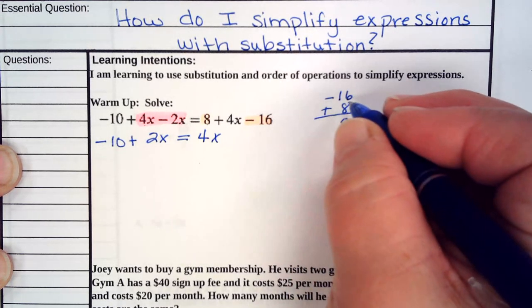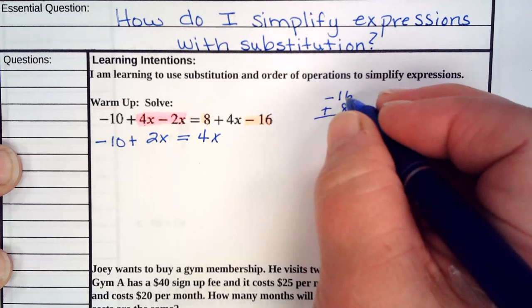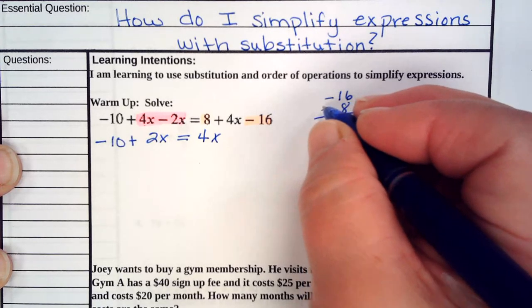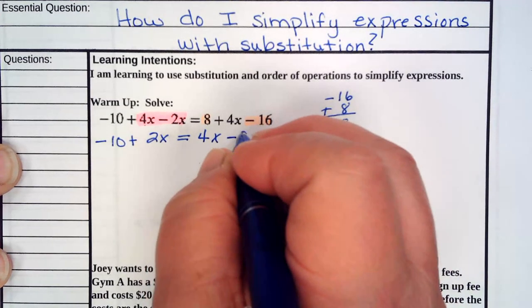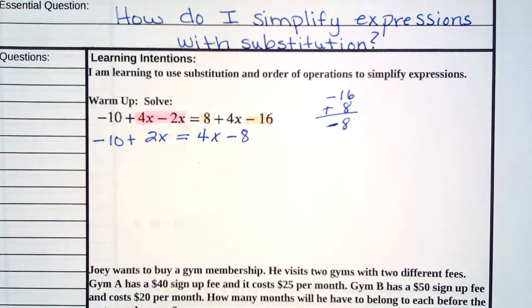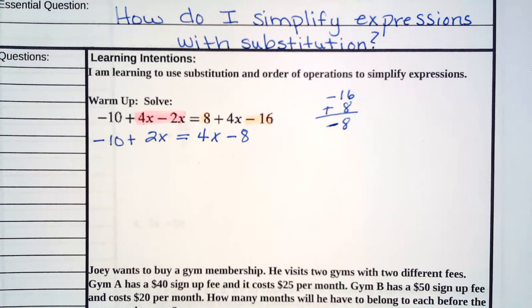Now I look, which one is the bigger number, 8 or 16? 16. 16 is connected to the negative sign, so it's negative 8. And I'm done. I have simplified both sides. Now we can finally solve. Simplify before you solve.